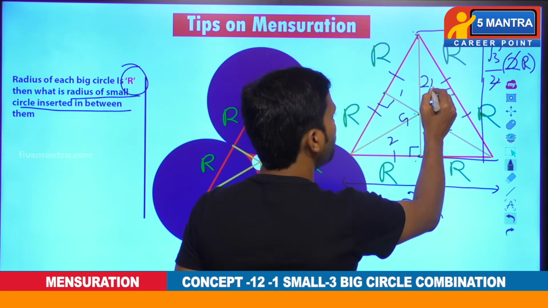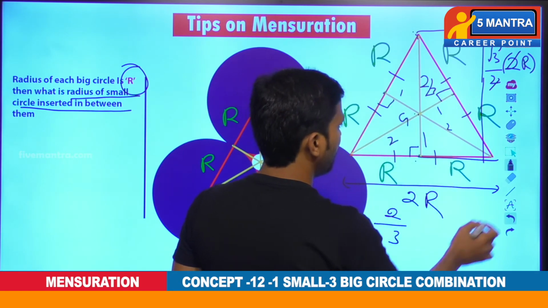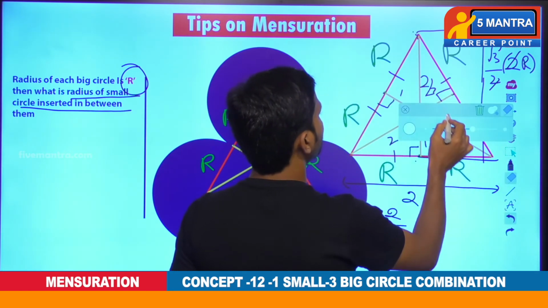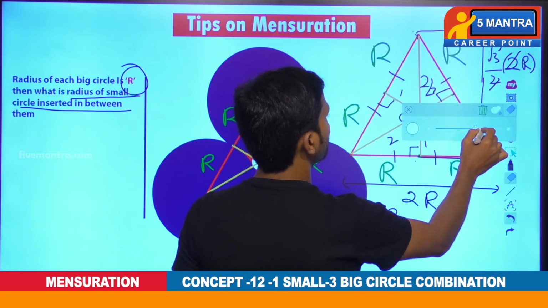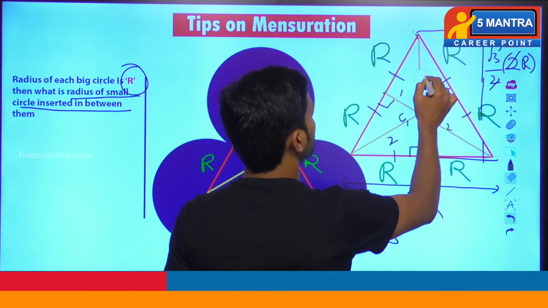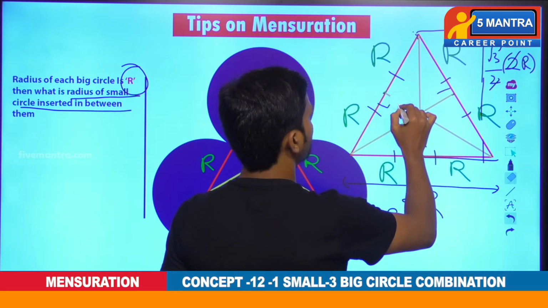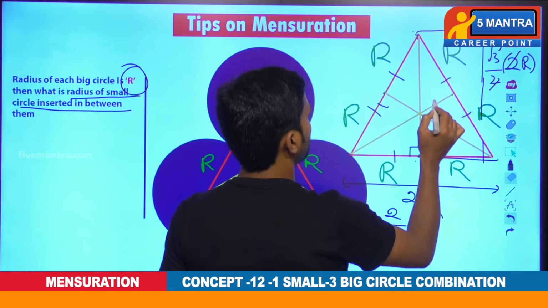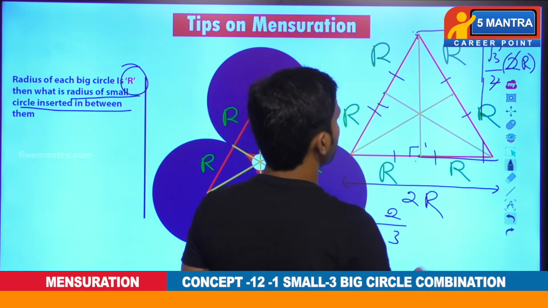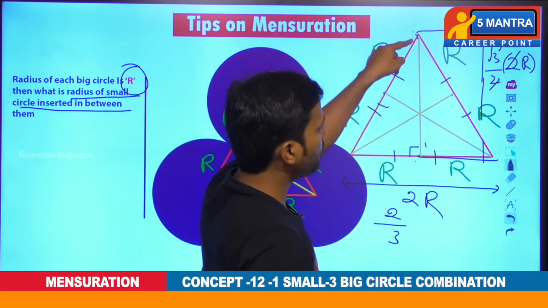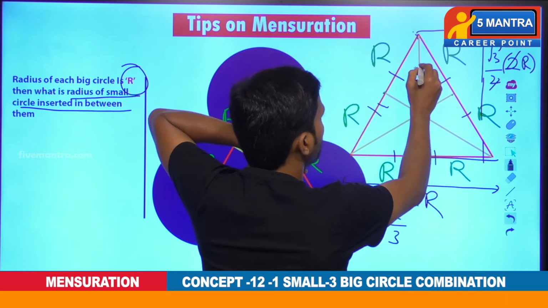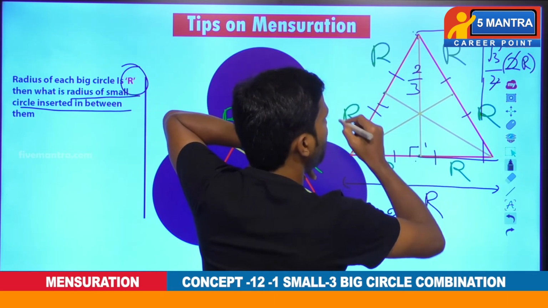So here, out of the total height, it is covering 2 by 3 times the total height.